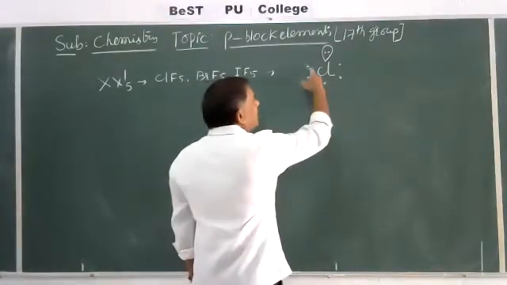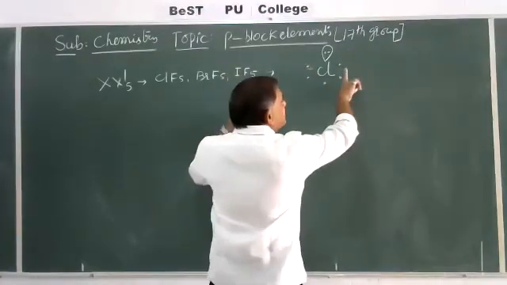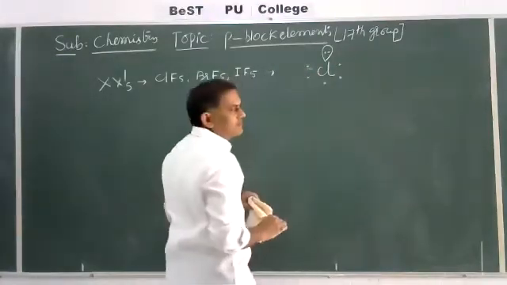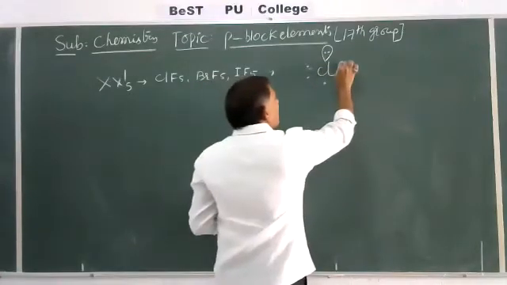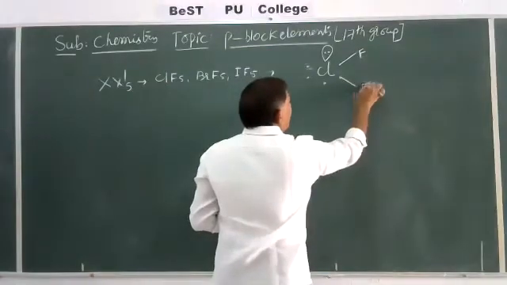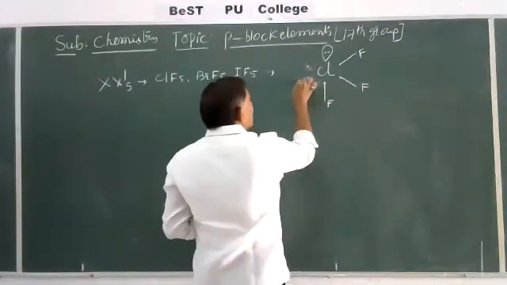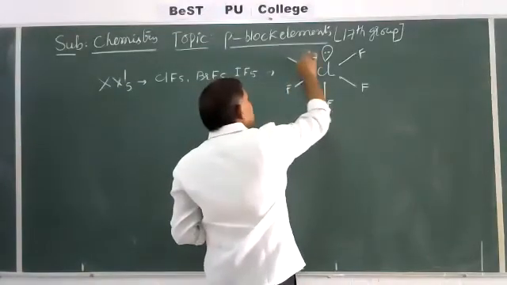But here 5 sigma bonds are required. That's why these 2 are excited: first excitation, second excitation. Now with this chlorine, 1 fluorine atom is here, now it is fluorine, and here it is fluorine.